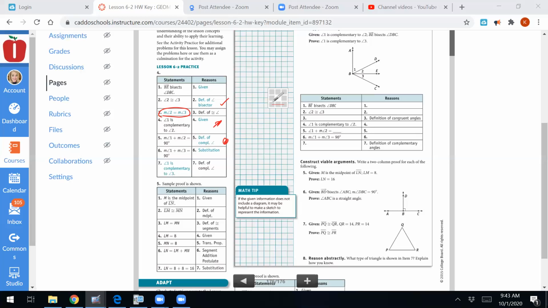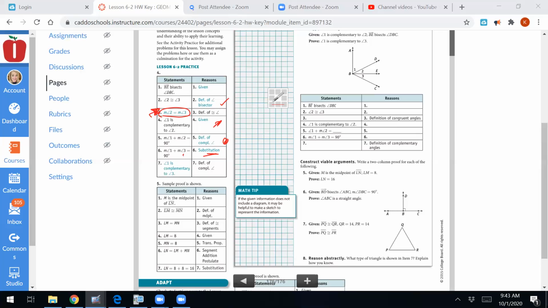Then it says the measure of 1 plus the measure of 3 equals 90. They did the substitution. They told us up here that they're equal to each other. So since they're equal to each other, we could substitute it in. Then from there, we put our final answer, which is angle 1 is complementary to angle 3. That's because of the definition of complementary angles. Okay.